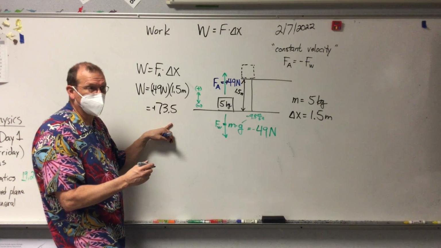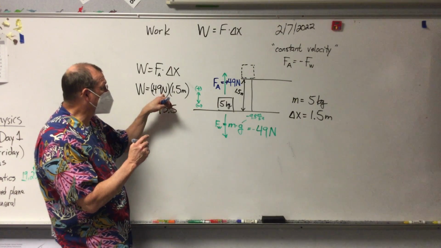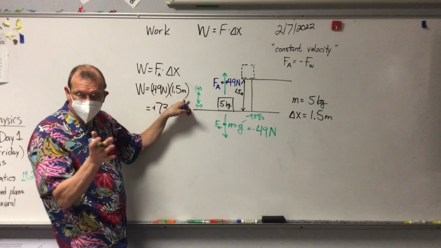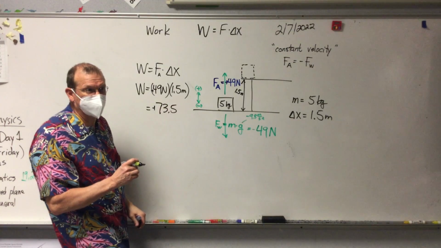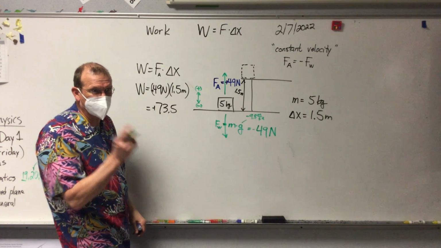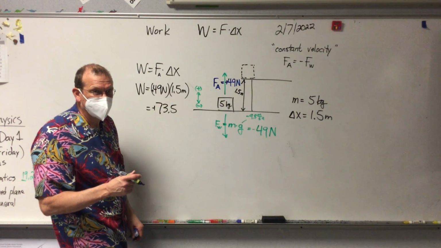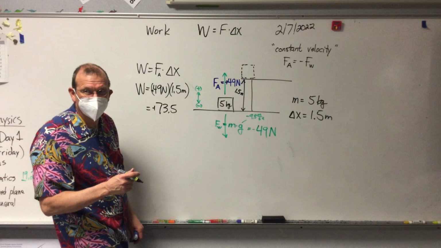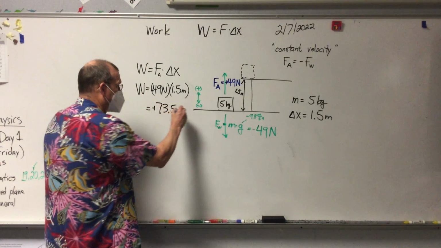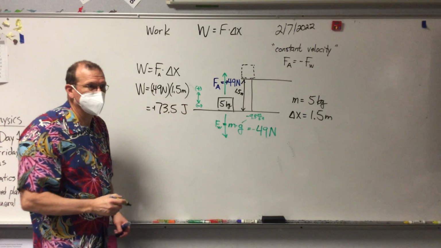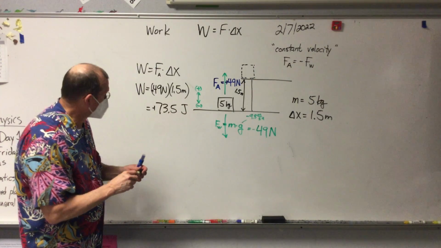Because it's work, newtons times meters, we could put that, and that would be accepted, but what's our nickname for work that we learned last time? Single letter? Okay, capital J for joules. Okay?